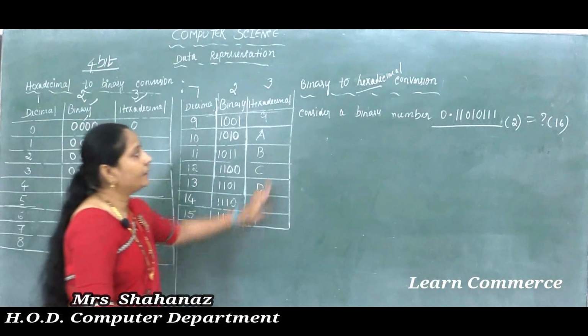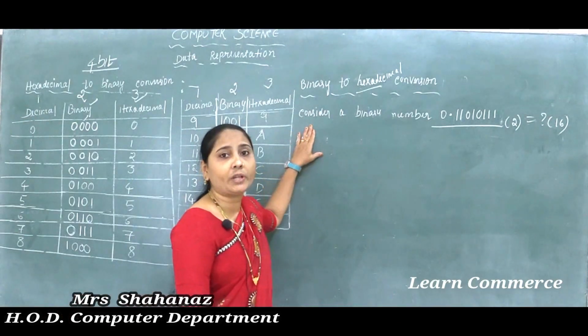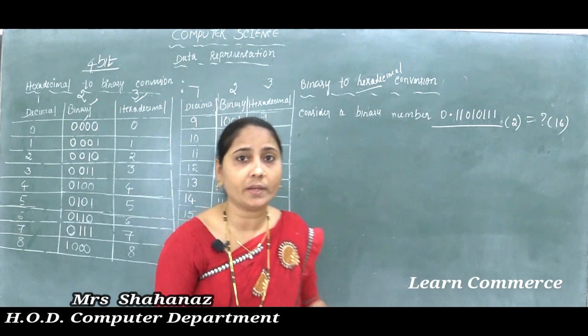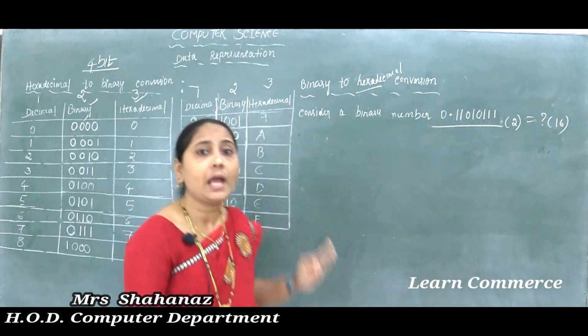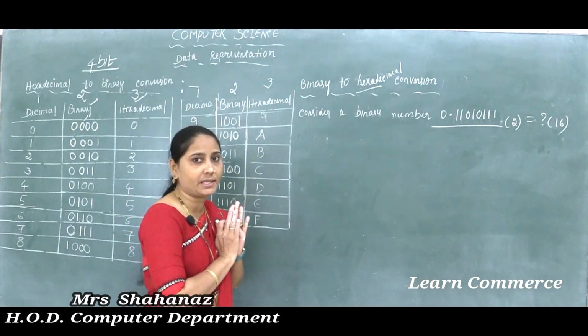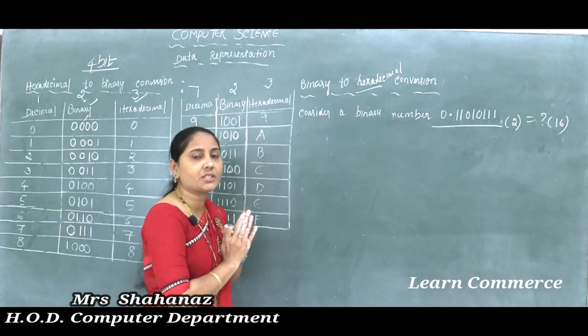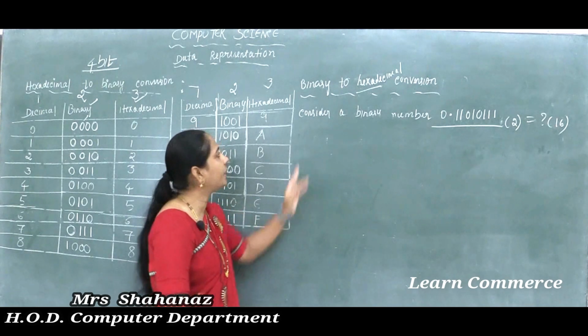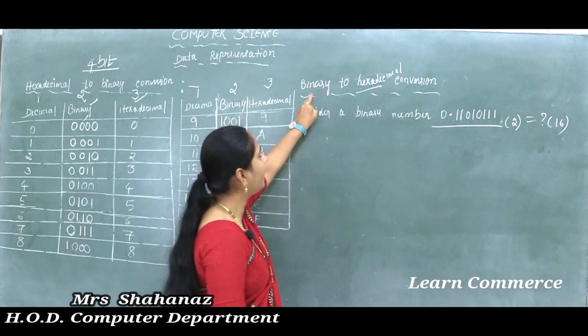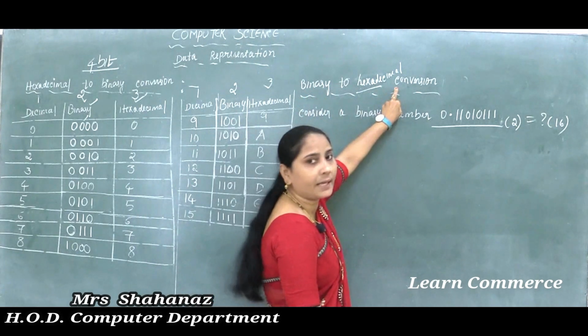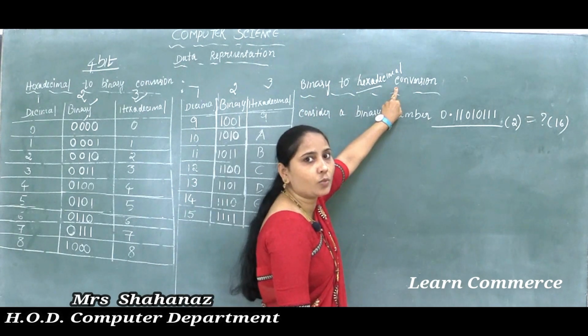Now let's take the second one, and in this question we are going to take the fractional point. Clear this one? The conversion is the same, there are no changes, and here also we are going to make the conversion from binary to hexadecimal. Now what's the question?